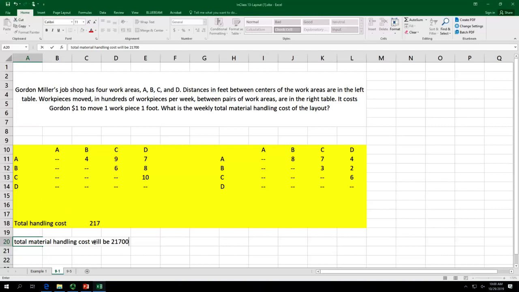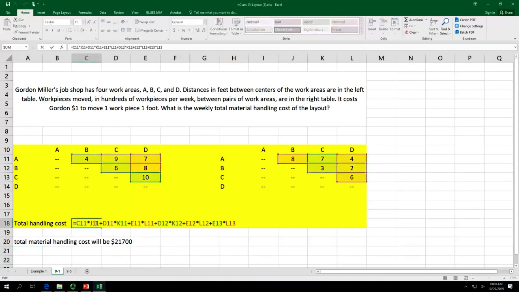You put 2 zeros over here, in dollars. Yes, 217, because the unit is hundreds of work pieces. That's why you add 2 zeros after your sum.